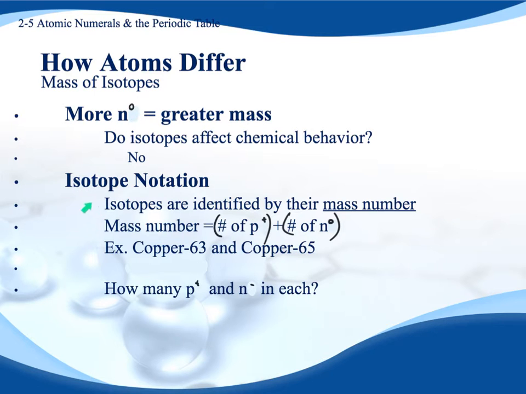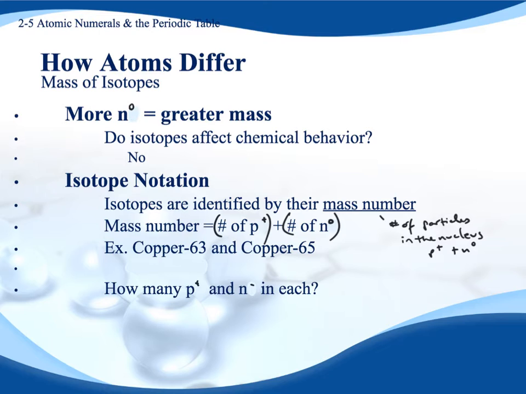Now we need to introduce something called isotope notation. Isotopes are identified by their mass number. Mass number is equal to the number of protons plus the number of neutrons, which you can think of as the total number of particles in the nucleus. Protons plus neutrons.